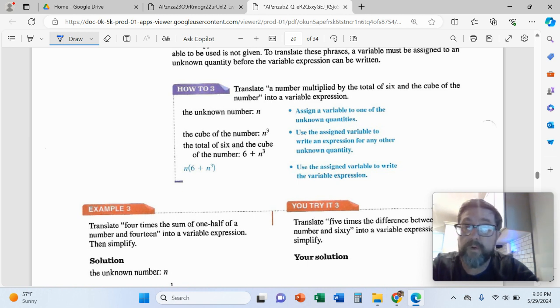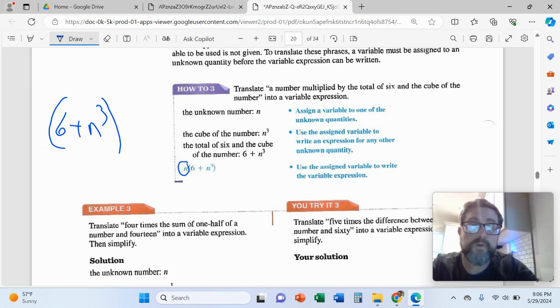So we'll have to go back up. Translate a number multiplied by the total of 6 and the cube of the number. So we're going to go 6 plus n cubed. I'm going to put that in parentheses.